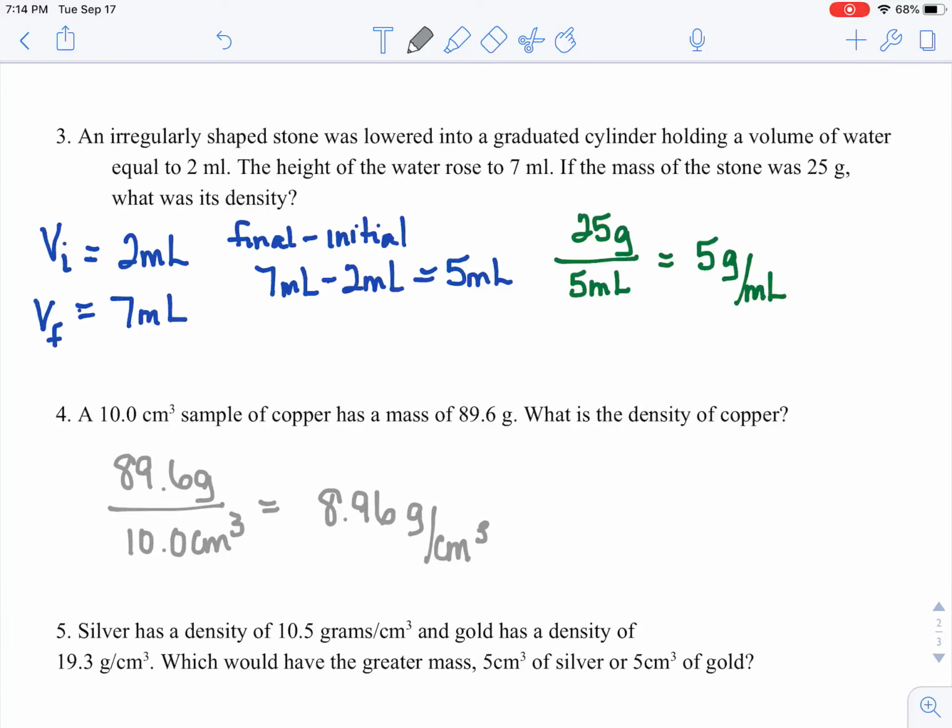Now, evaluating the number of significant figures, my numerator has 3, my denominator also has 3, my answer now has 3 significant figures, so we're good. The density of copper is 8.96 grams per centimeter cubed, or so we've determined.